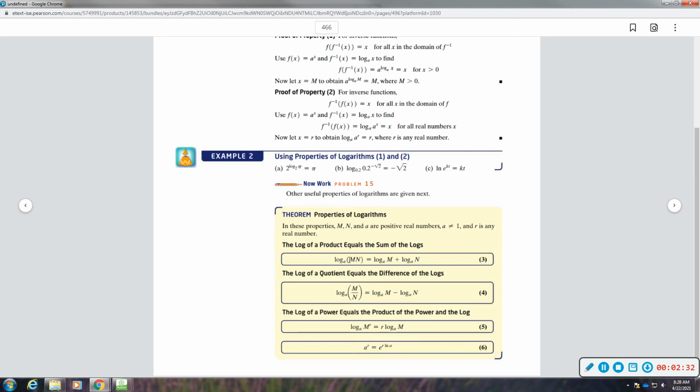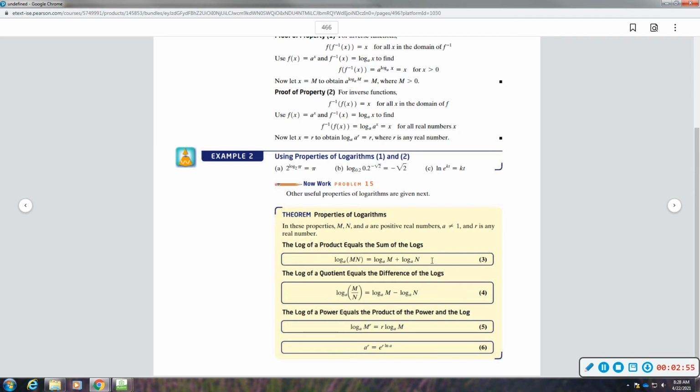Now, these are the other properties that we'll be looking at whenever you have log of some base, any base, and you're multiplying two terms together inside of that log. You can rewrite that expression as two separate logs with the same base and addition in the middle. So multiplication of logs translates to addition of logs.